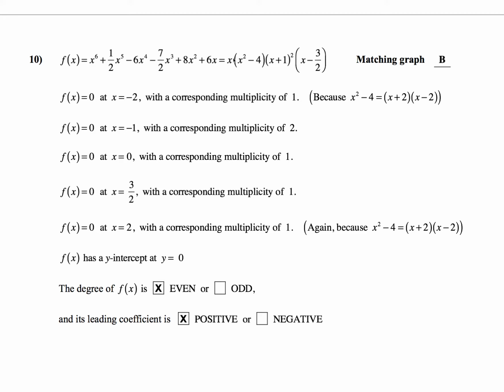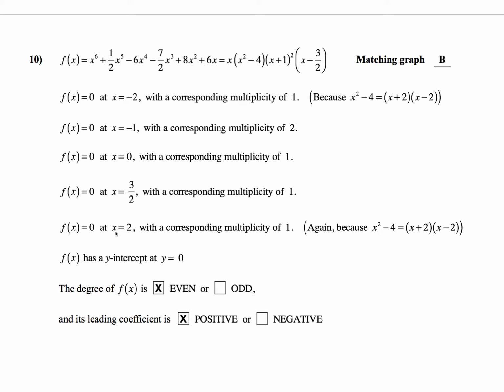And its multiplicity is 1, so the graph is going to slice straight through at 0. And let's see, we have a 0 at 3/2, because if we put 3/2 here, 3/2 minus 3/2 is 0. And its multiplicity is 1. So all the multiplicities of these zeros are 1, except for the one at -1. We'll have to look for that when we go look at the graphs.